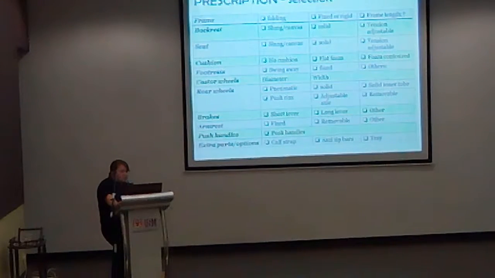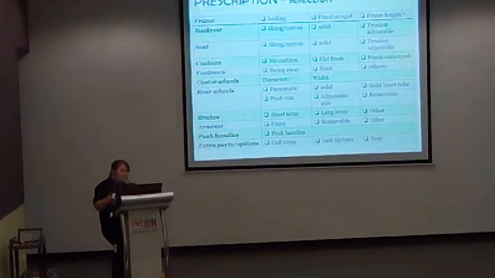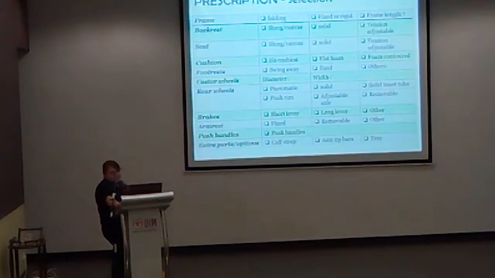Is that fixed or swing away? Okay, caster wheel. Semua tahu kan caster, rear wheel semua kat mana kan. So caster wheel ni we have to measure the diameter and width, because the wheel and even the rear wheel kita kena measure berapa jarak dia sebabnya.